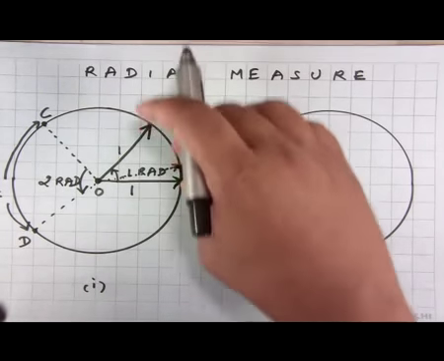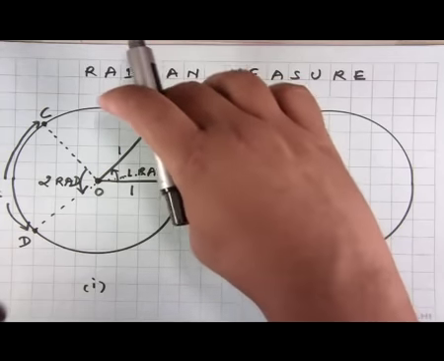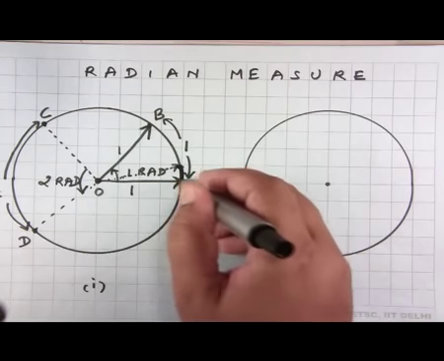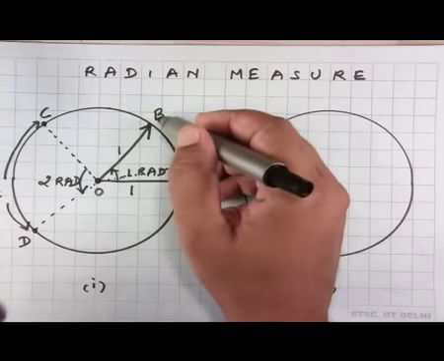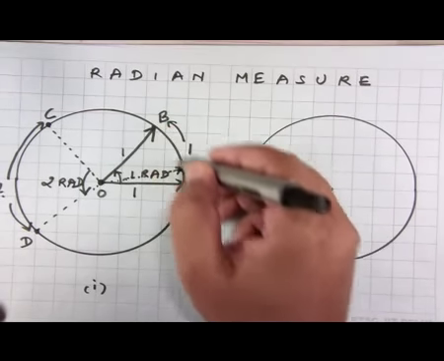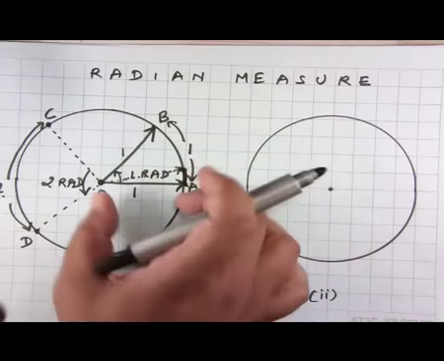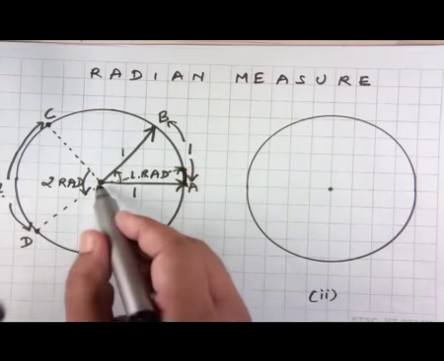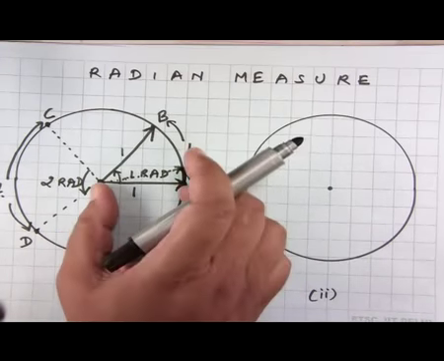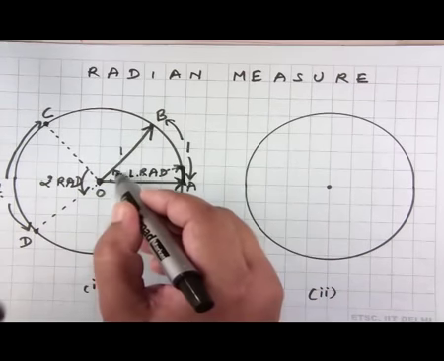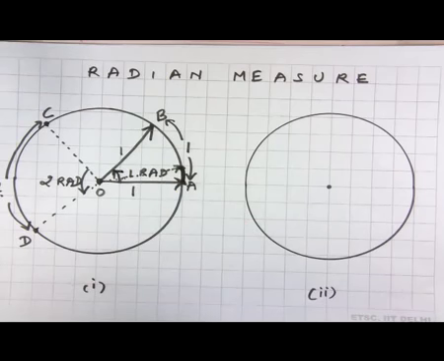So, if we keep on increasing up to a point, let us say, we started with the tip at point A, we move to a point B such that the length of this arc AB is also 1 unit, which is equal to the radius of this unit circle, right. So, when that happens, the angle of rotation then is said to be 1 radian.